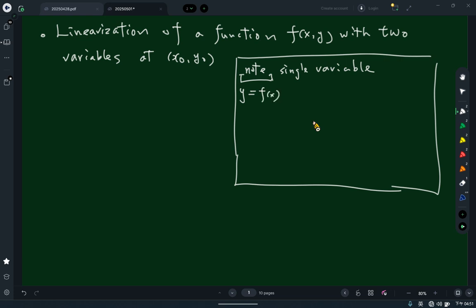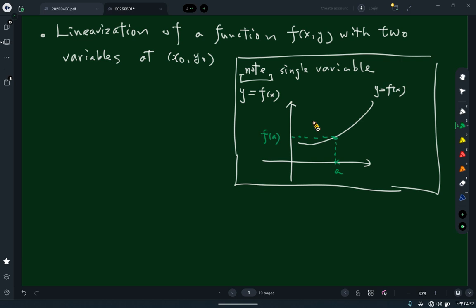Then I will focus on some specific point. If this is y is equal to f of x, and we focus on a, then its function value is f of a, right?